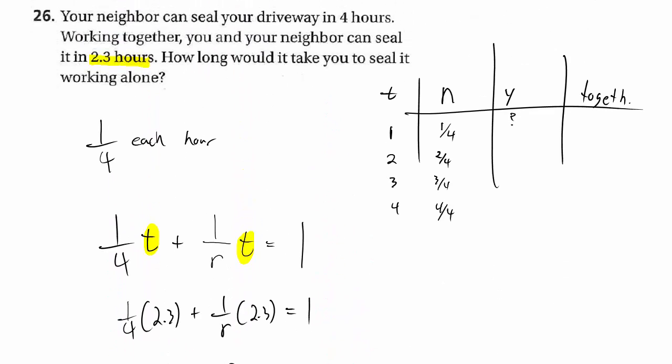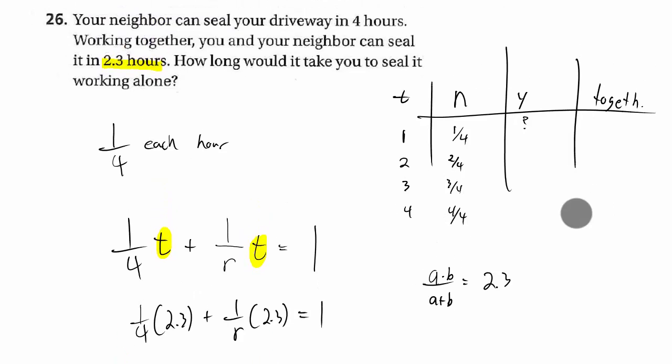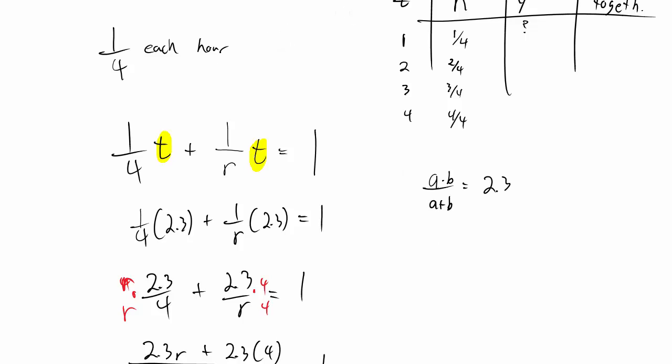Now, another thing you could have done, if you're familiar with the formula, you could use the A times B over A plus B, and that's the time it takes working together, which is 2.3. You could actually try solving it using this, knowing that it takes your friend by himself 4 hours.